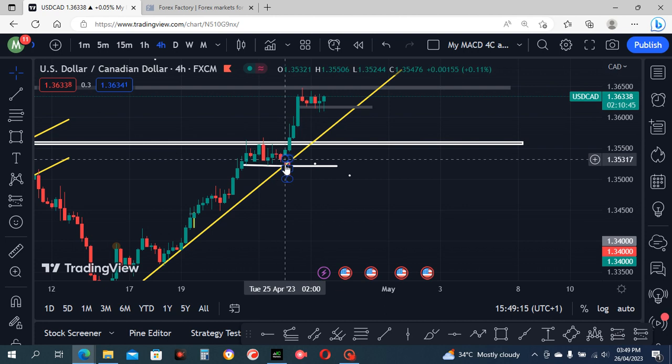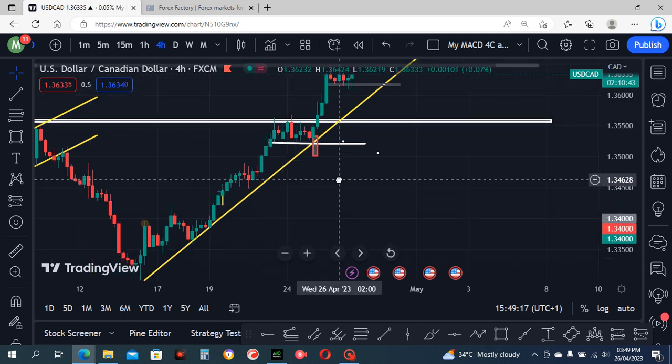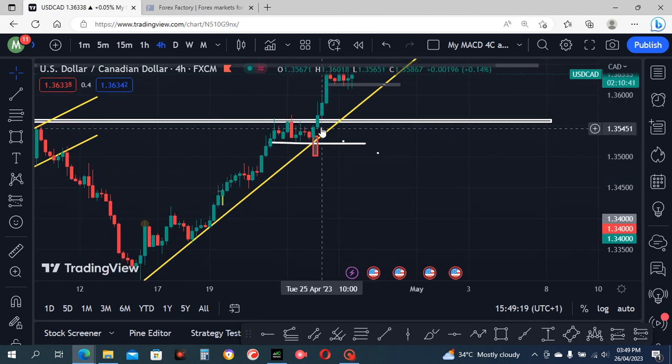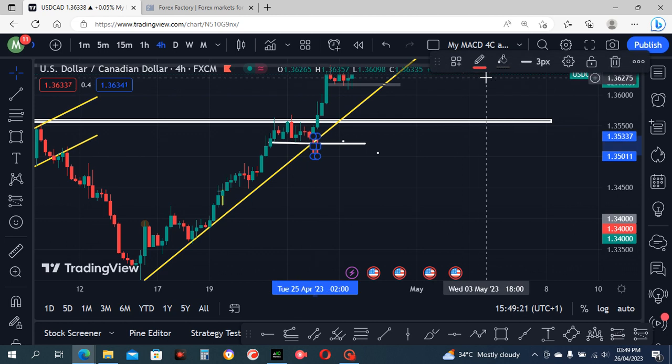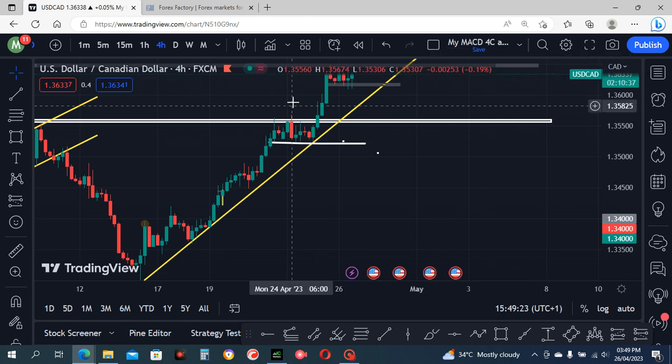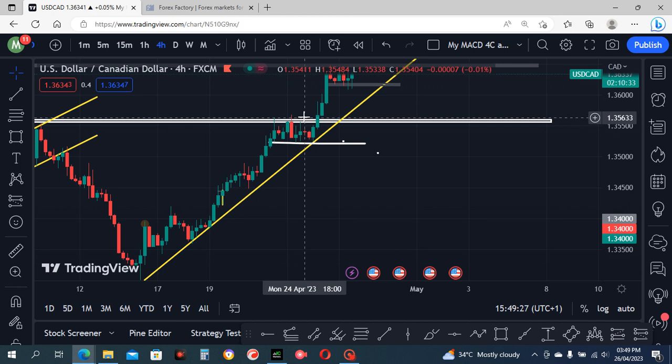I'll take a sell trade. But as you can see, we saw a push to the upside and it closed above the white line, so that was a good confirmation for me.